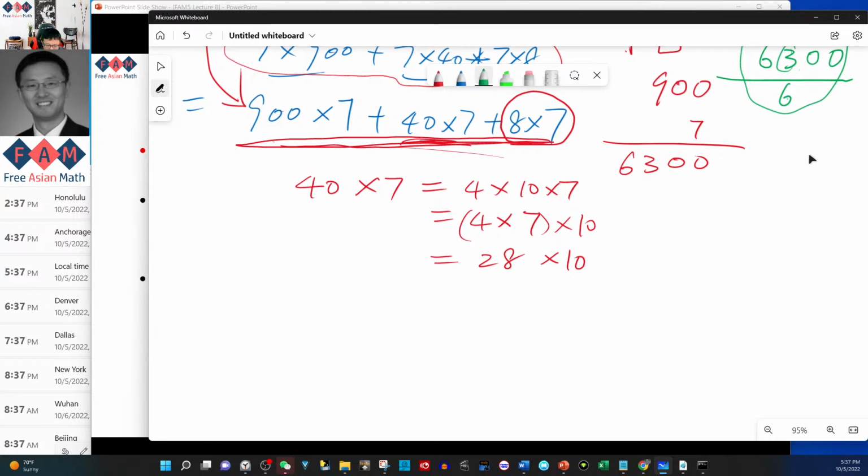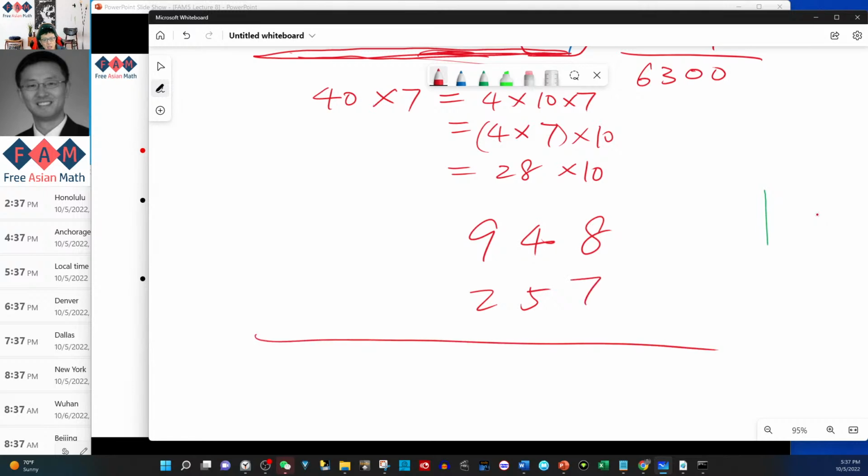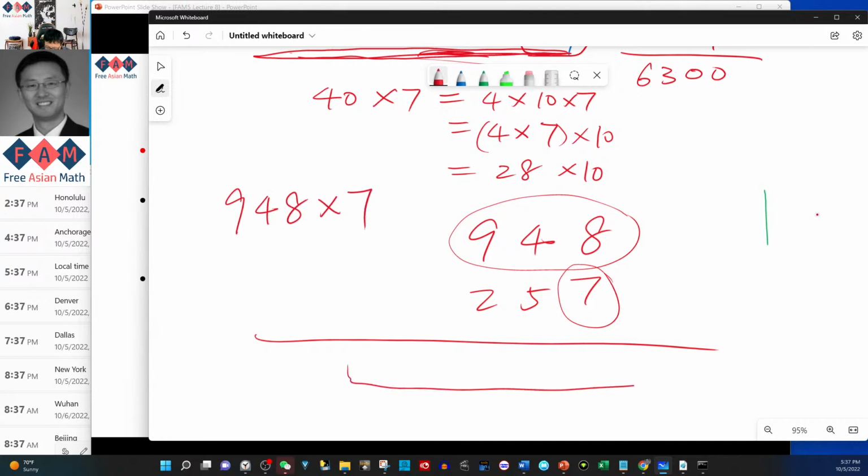And that further explains what happens when we do a full multiplication. So when we do 948 times 257, we do this in 3 steps. We pretend there's a single digit times 948, so we are doing this first. Okay, that's the first row.